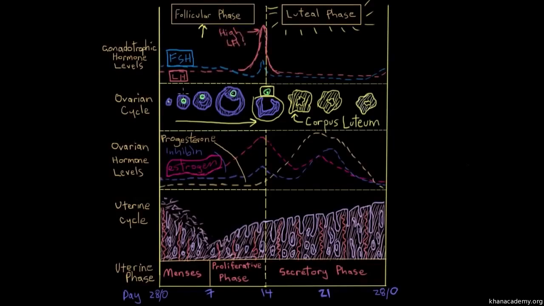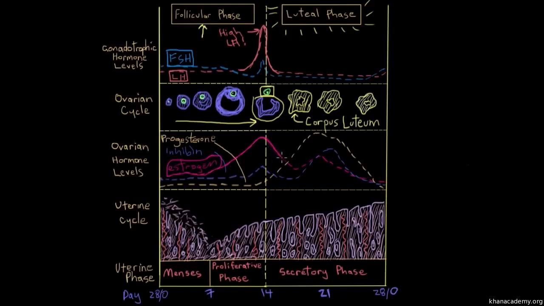Together, LH and FSH are going to induce the old follicle to turn into a structure called the corpus luteum. That just means yellow body in Latin. It's actually a bit yellowy because of some yellow pigments it has in it. Remember the follicle was what released estrogen from its granulosa cells.